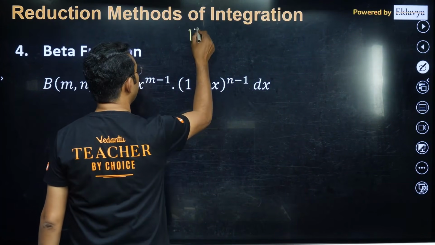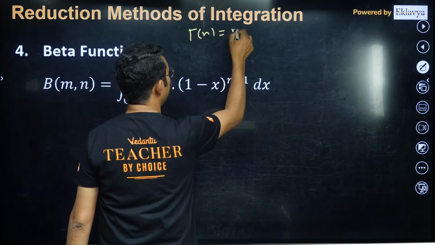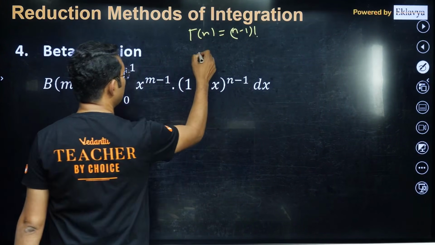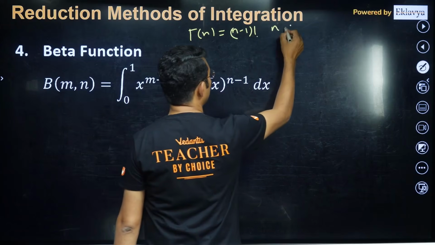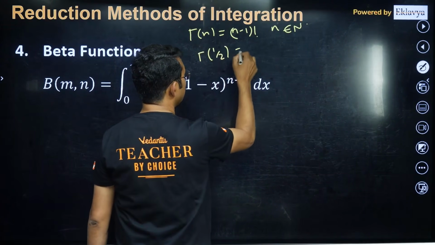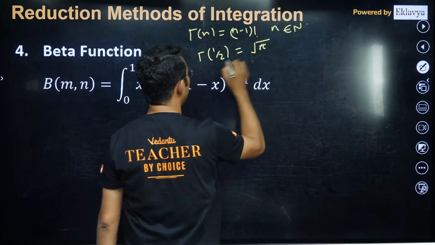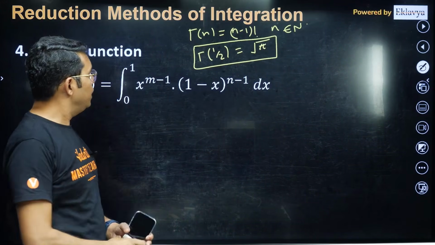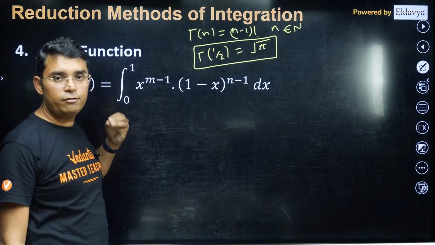So let me write gamma n here was n minus 1 factorial, if n is a natural number. And one more thing I would like to write here: gamma half value is also under root pi. You can remember this directly without proof, because in some questions you may have to use the gamma half value also.